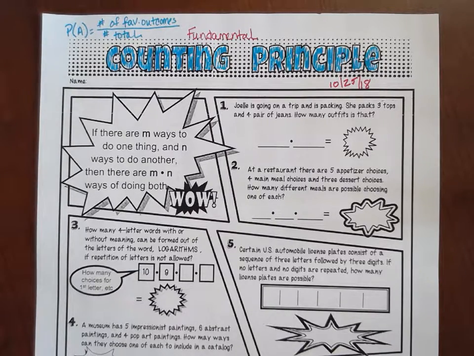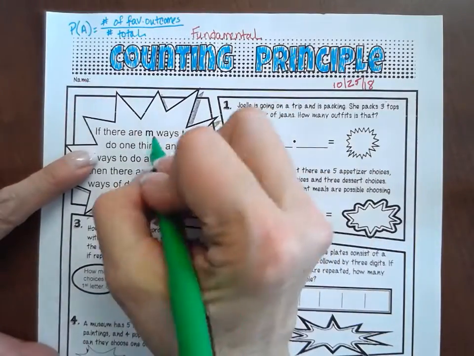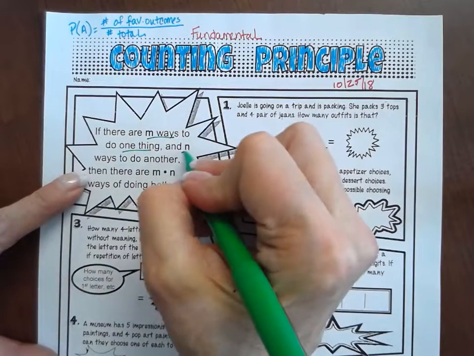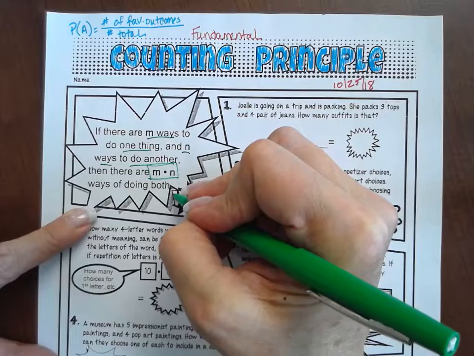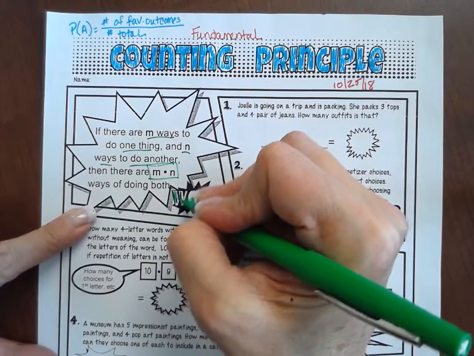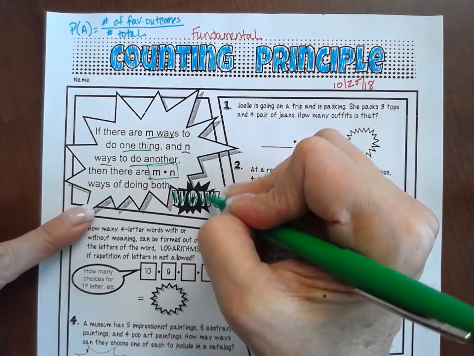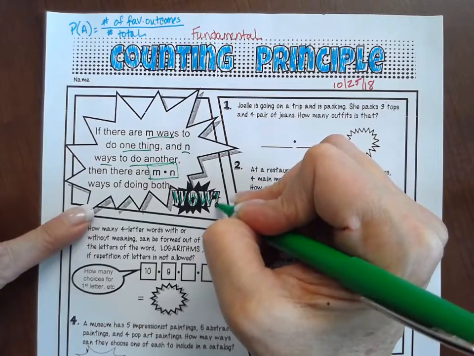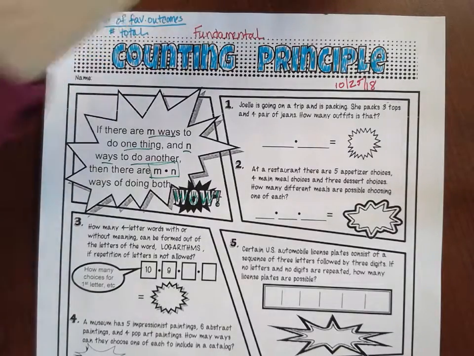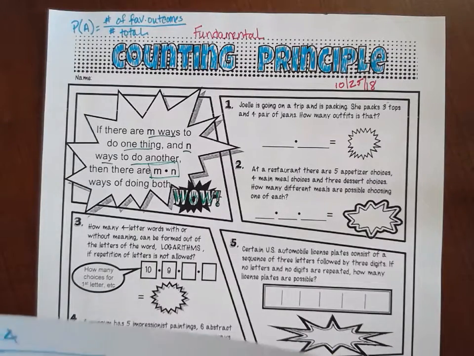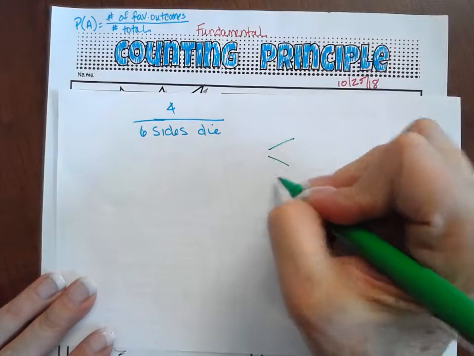And basically, what it says is that if there are m ways to do one thing and n ways to do another, multiply those two together to find the number of ways of doing both. Wow. Okay? Much easier.